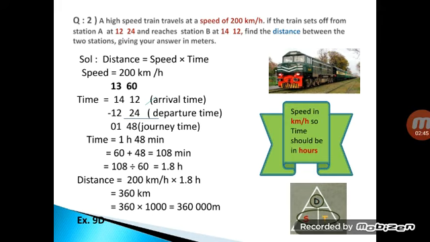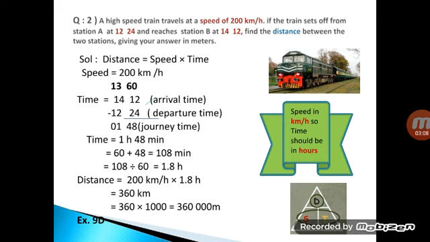The arrival time is 14:12 and the departure time is 12:24. Recall the concept that to find the journey time, J equals A minus D. That is done here: 14:12 minus 12:24, and the result is 1:48.